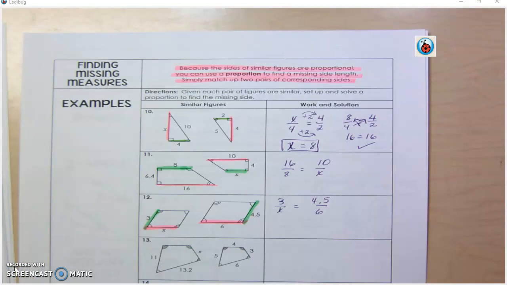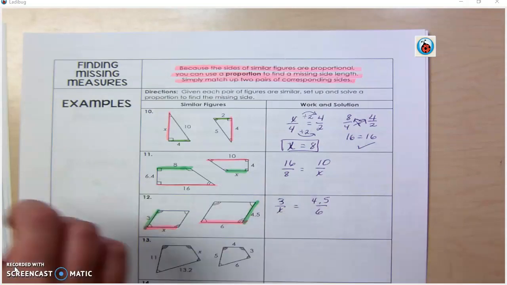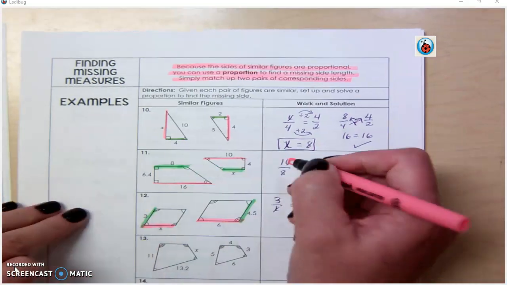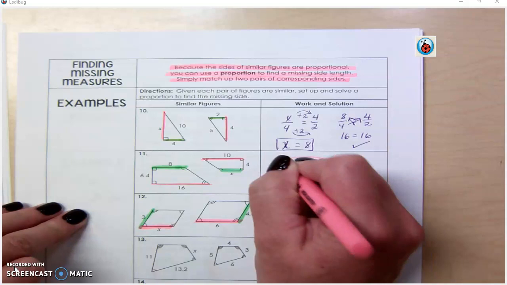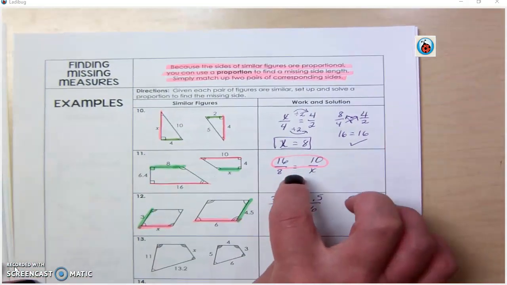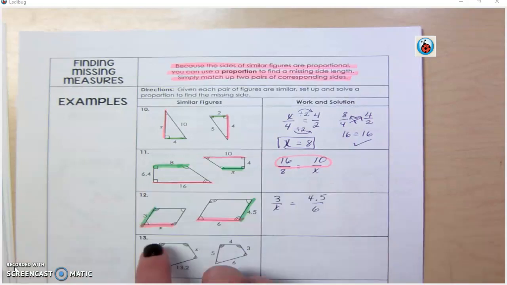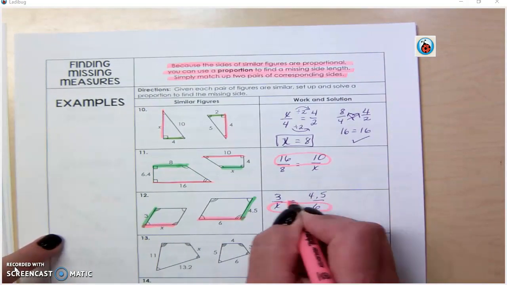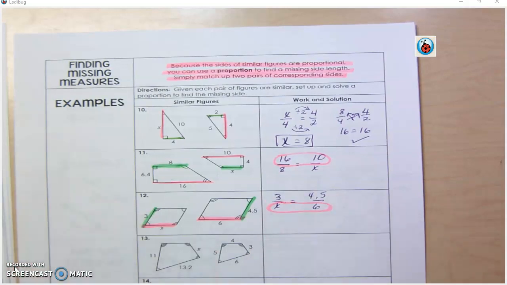All right, guys, hopefully you have the same markings on your paper. And so just double check. I made sure that my 16 and 10, even though they were kind of upside down, both of them are labeled in pink and both of them in the same position. And again, you could have it in denominator. It's not a big deal. X and 6 are both in pink and they both are in the same position.